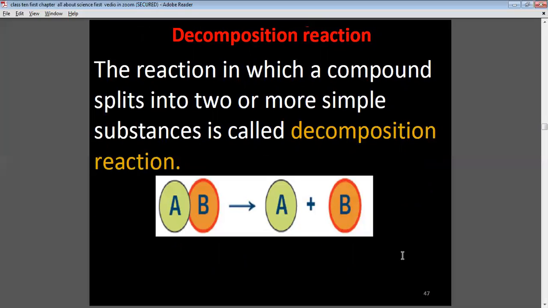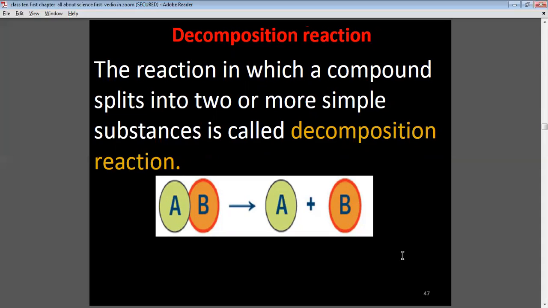Next reaction is decomposition reaction. The definition of decomposition reaction is a reaction in which a compound splits into 2 or more simple substances.